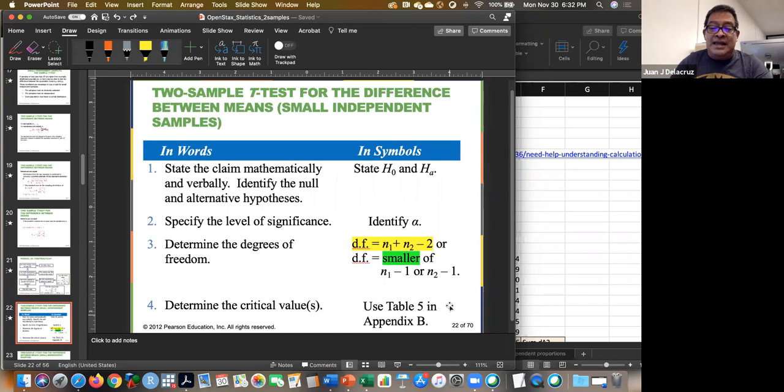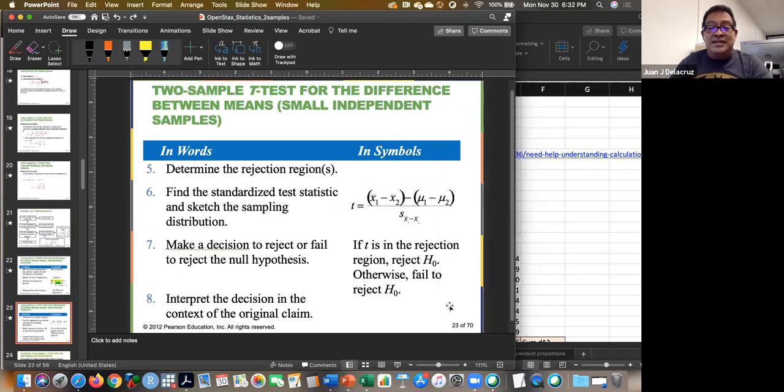Then we find the critical values, we determine the rejection regions, and then we compute the standardized test statistic. Remember, we take the observed difference minus the hypothesized difference, and divide the observed difference by the degree of variation. Once again, in order to compute those values, we need to know whether the variances are equal or non-equal.